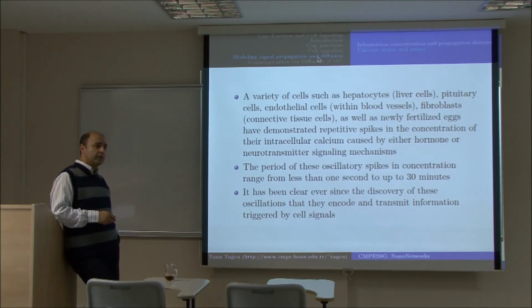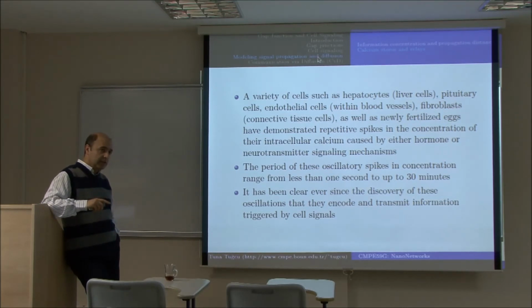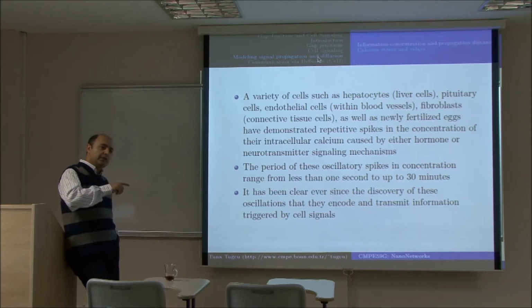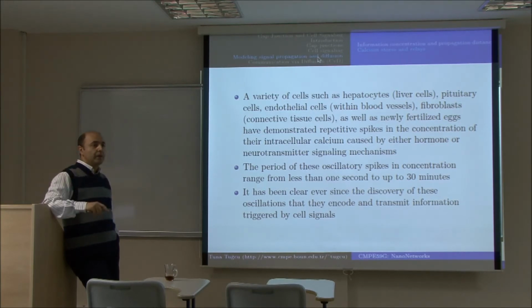Note that the calcium ion waves may occur in two different ways. One is with spikes, so there's a sudden increase and then a decrease, and that decrease is pretty slow.